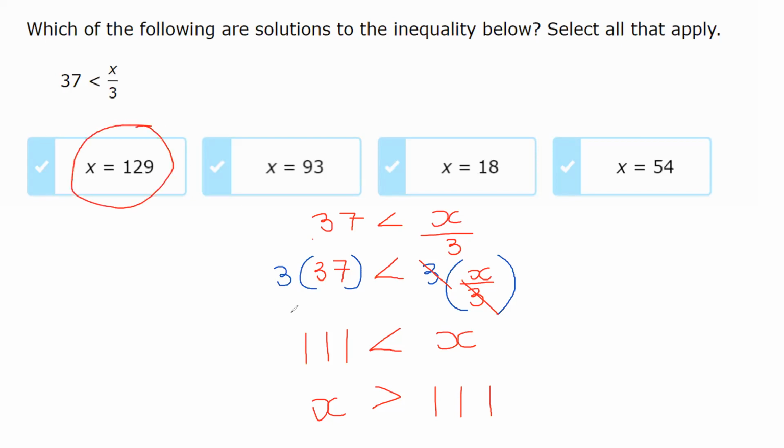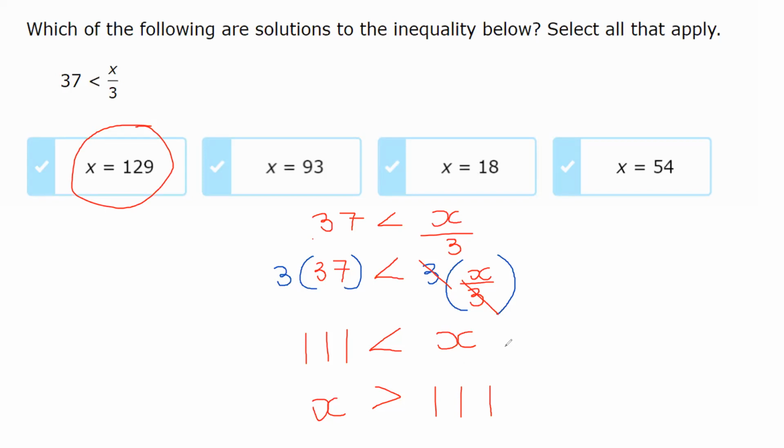Gil, Brianna, go ahead and explain how we got x is greater than 111, please. 37 is greater than x over 3. So basically what we do is we multiply 3 by 37 and 3 by x over 3.